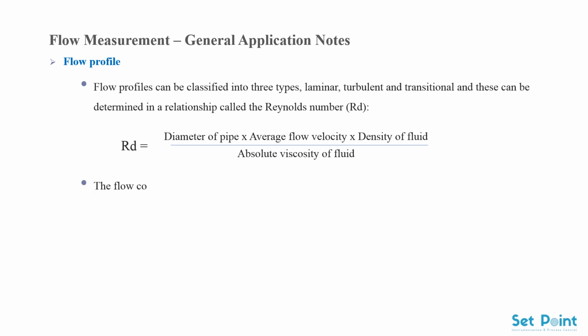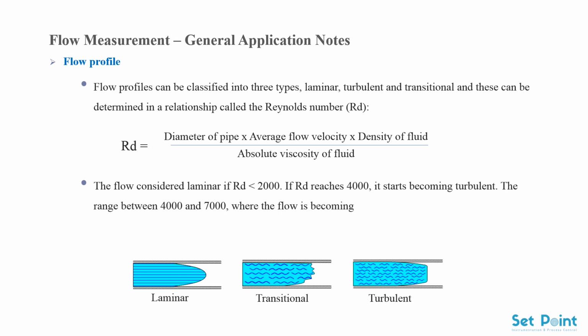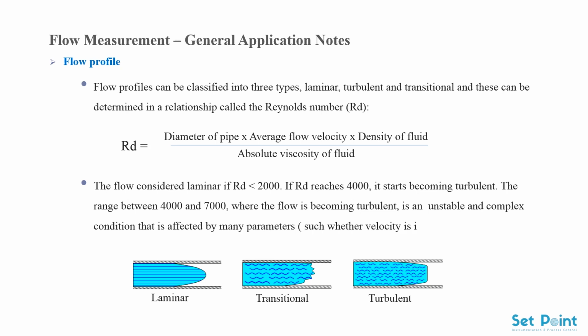The flow is considered laminar if RD is less than 2000. If RD reaches 4000, it starts becoming turbulent. The range between 4000 and 7000, where the flow is becoming turbulent, is an unstable and complex condition that is affected by many parameters, such as whether velocity is increasing or decreasing.